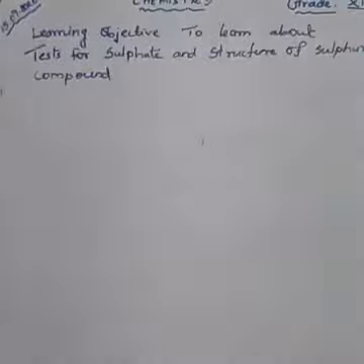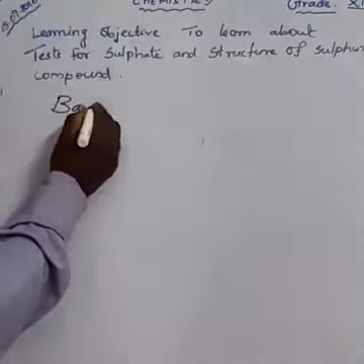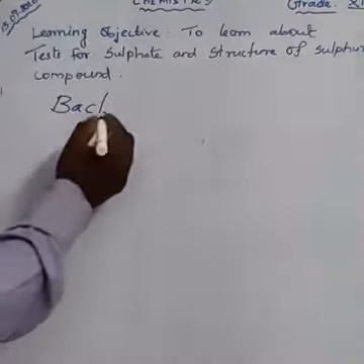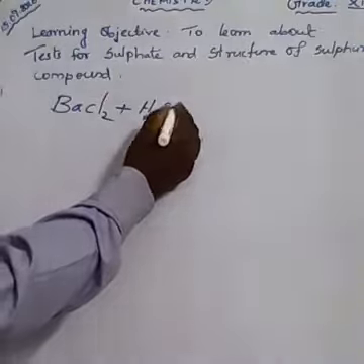Okay, the reaction between barium chloride. What is the formula for barium chloride? BaCl2. Barium chloride with sulfuric acid, H2SO4.